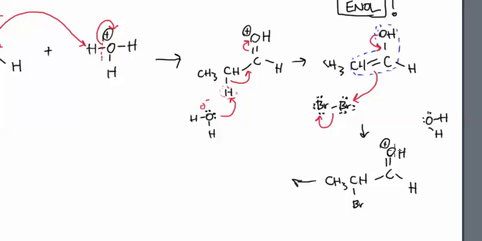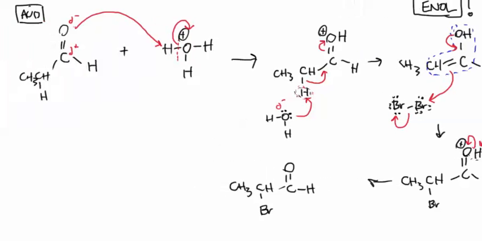If water can pull off this acidic hydrogen, why can't it pull off this acidic hydrogen? And it can. So water can come around, take a hold of this hydrogen and pull it off, and the electrons in that bond basically are moved to the oxygen, and what we have now is a CH3 group, a CHBr, a C double bond O, and a H. And that's the formation of this halogenated organic.